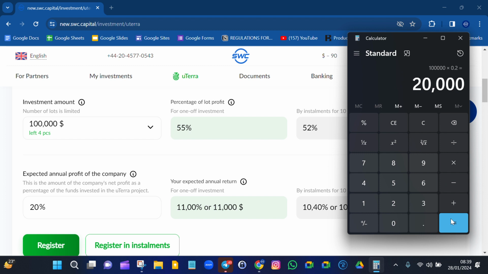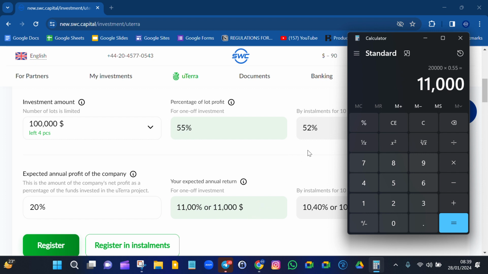So that $20,000 times 55% gives us $11,000, which is what the company is going to pay to investors who invest $100,000 in this project every year. So you invest $100,000, you can expect to receive $11,000 yearly.